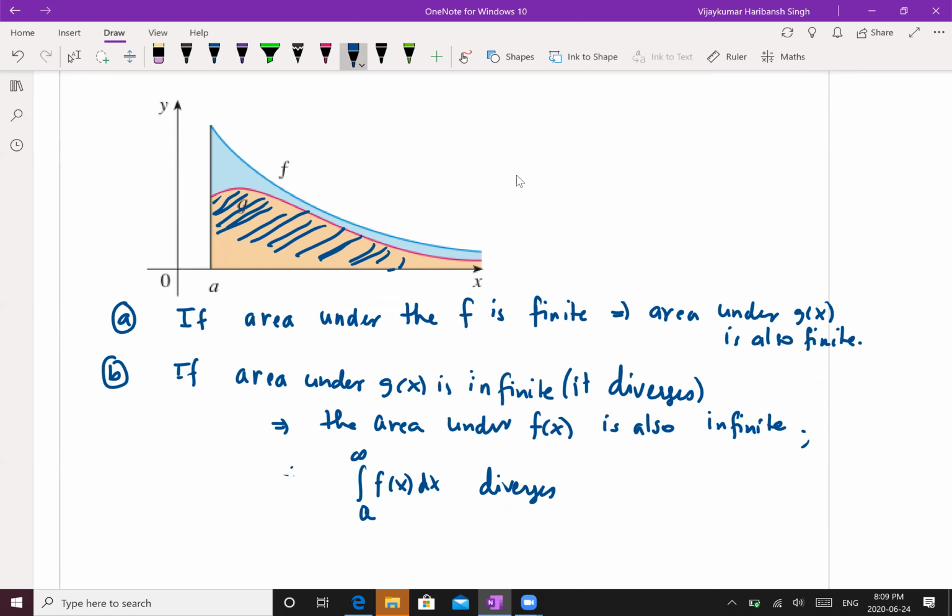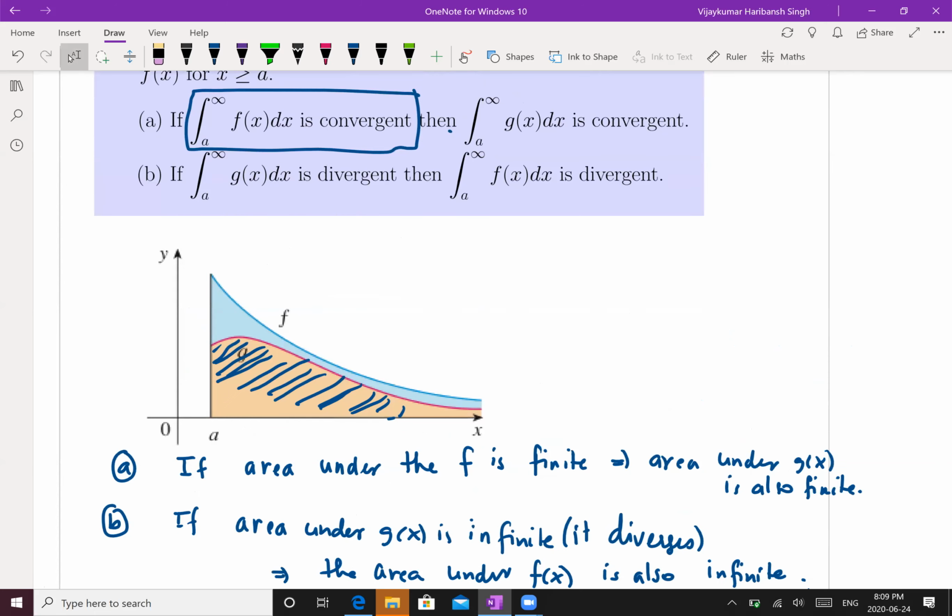Okay. Now note that there is another case. If this guy diverges, you can't say anything about the area below this, right? It could converge or diverge. Okay, so let's look at an example.